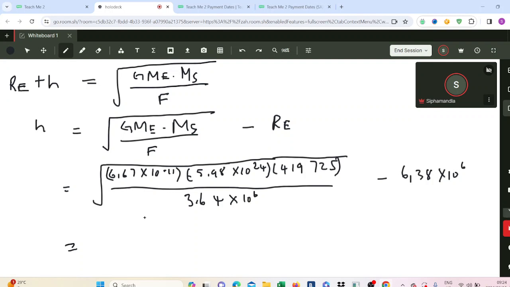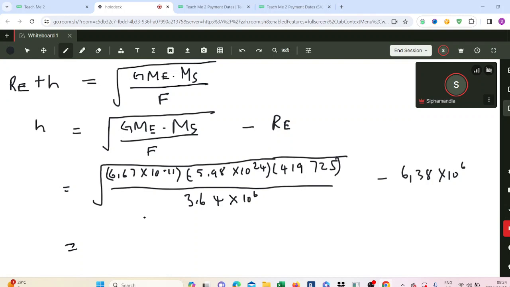So the first thing we will have is 6.67 times 10 exponent negative 11, times 5.98 times 10 exponent 24, times 419,725.